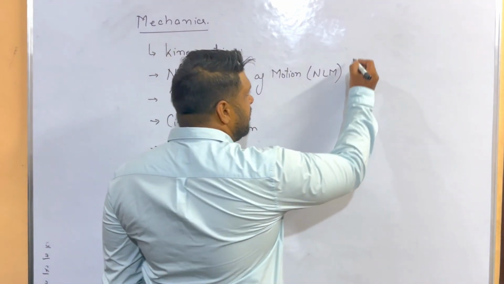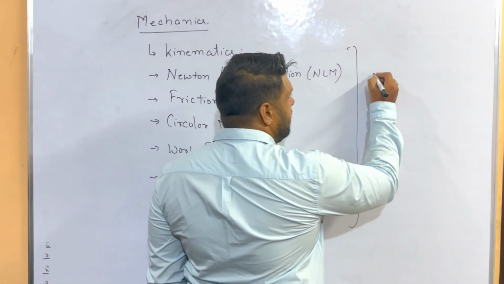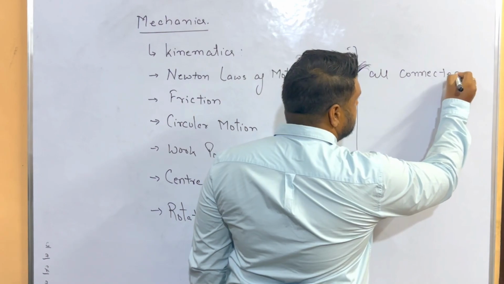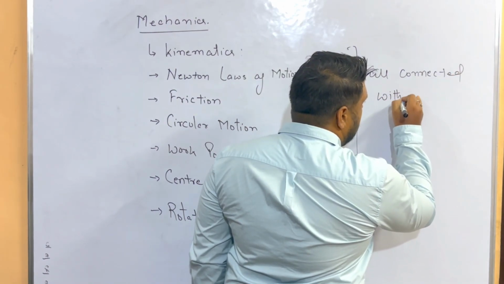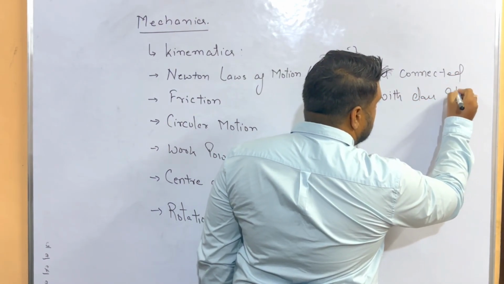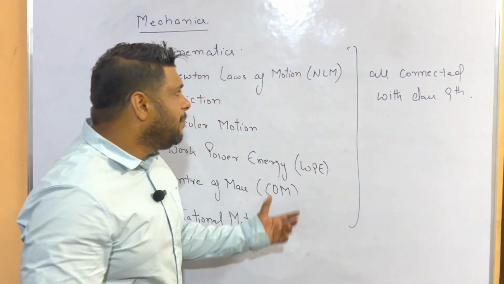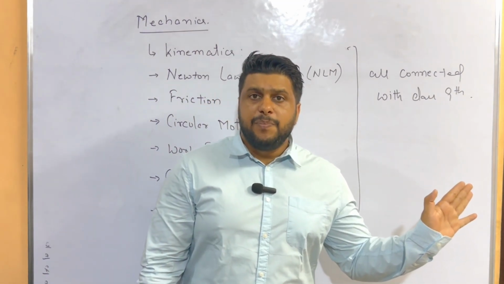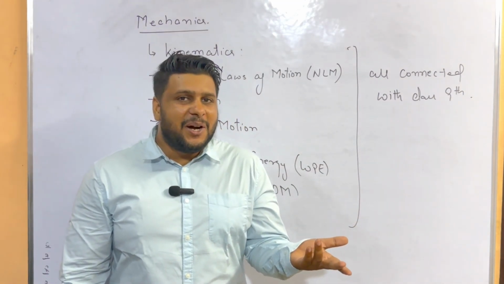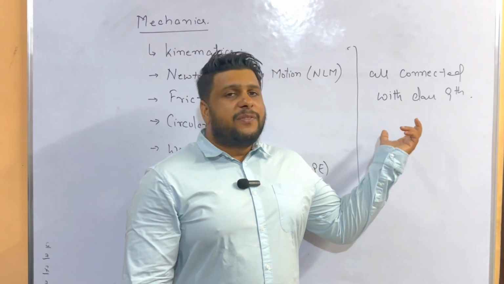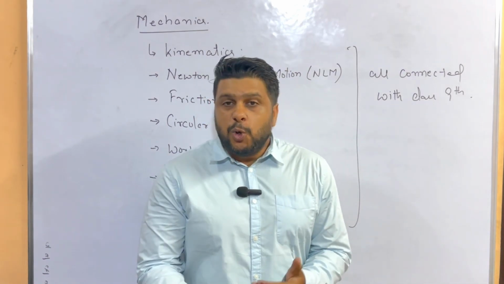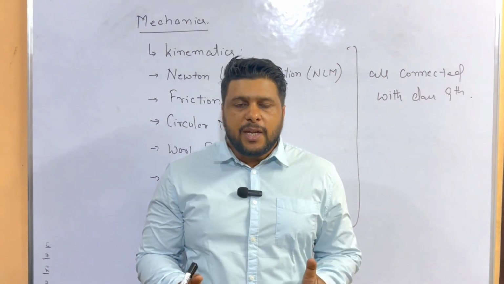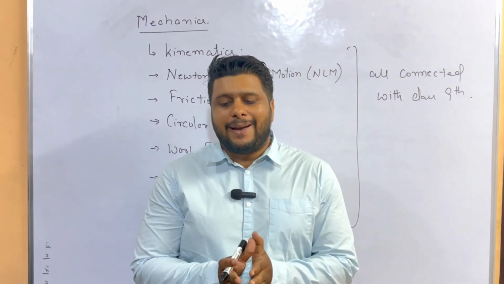This is the reason some students find it difficult, because all of these are connected with class 9th, and you have forgotten class 9th by now, so you have to remember everything again. Those who remember class 9th are good to go, but the rest of you do not worry, we will cover everything in depth here.